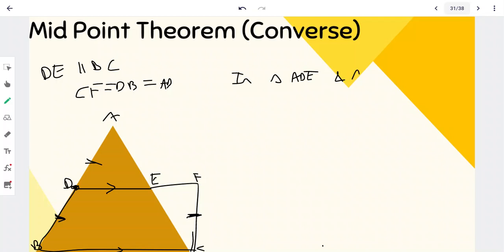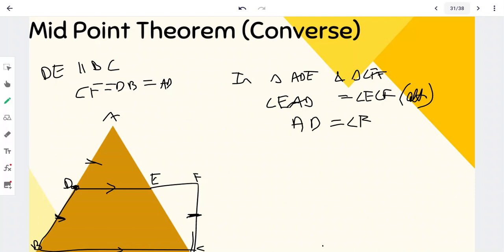In triangle ADE and triangle CFE, what we see is, just keep looking at the two angles. Angle EAD is equal to angle ECF. Why? Because they are alternate interior angles, lines parallel. AD is equal to CF, from here we got it.